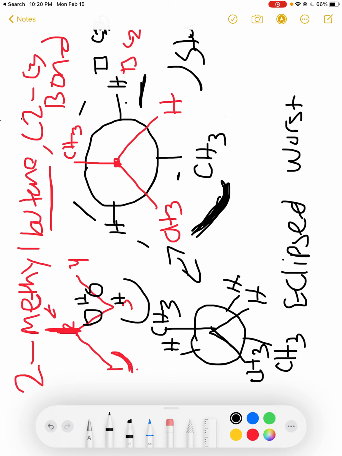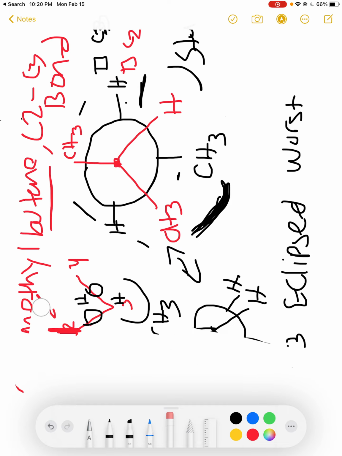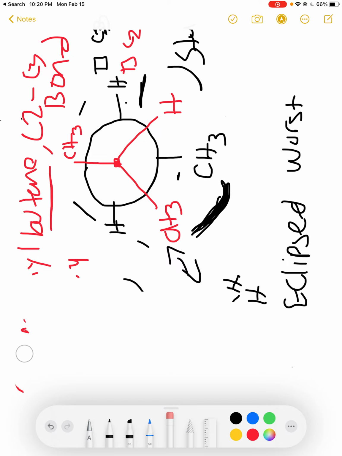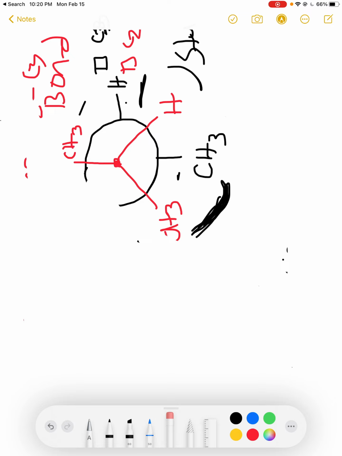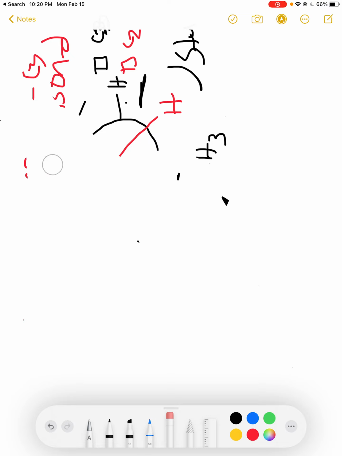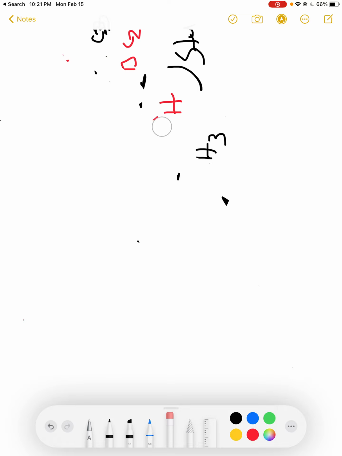Next, she also wanted me to work on number 4, number 4 on the Wiki 2, which I'm going to draw right here. So give me a second. Number 4, she gave us, was to name the functional group, and let me draw it on here real quick so you guys can see.